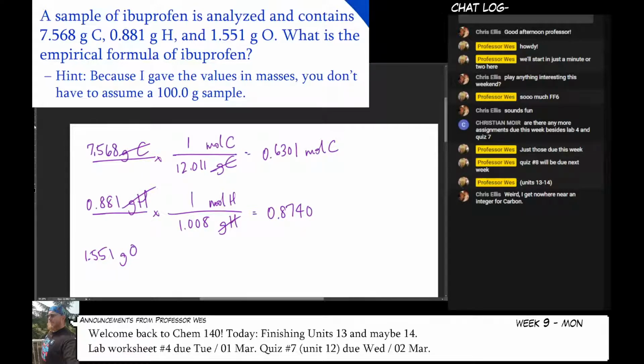Oops, I only get 3 sig figs. And then for oxygen, 16 grams per mole oxygen, I get 0.09694. I wrote oxygen above. I meant to write hydrogen here.